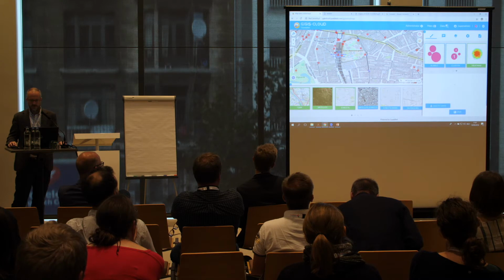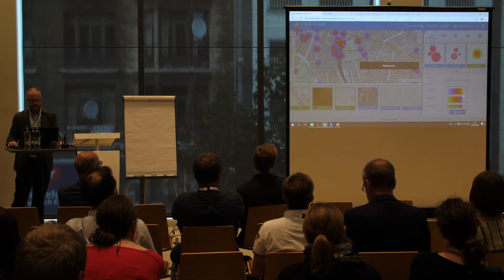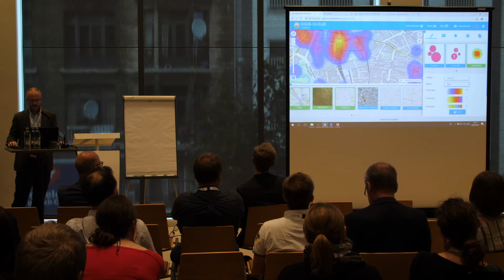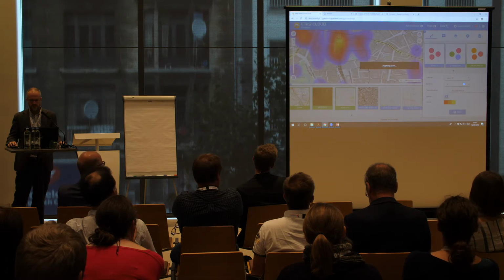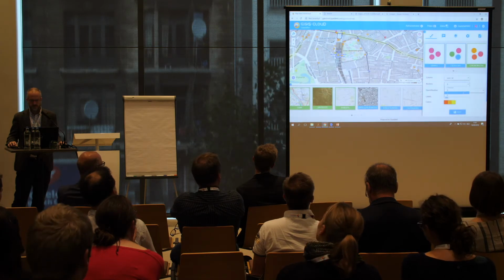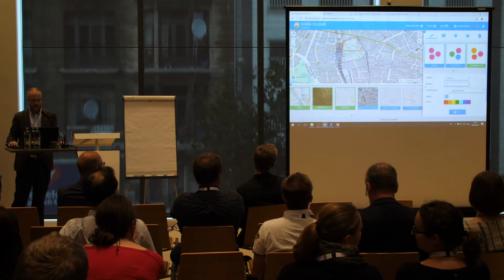For example, we can go to a heat map, depending on the radius you choose. This is all sample data, but for example, you can go to changing intervals and things like that, and you can do it quite fast.